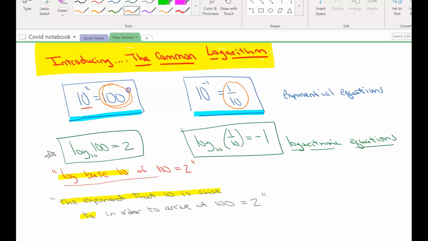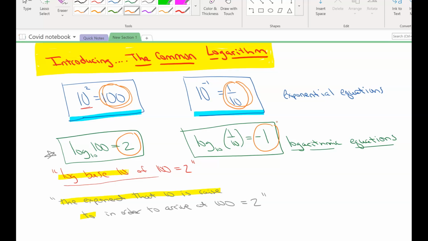Look, he is standing alone, or she, or it. We don't know what gender this number is, okay? They get the spotlight. In a logarithmic equation, who gets the spotlight? The exponent. The exponent gets the spotlight.